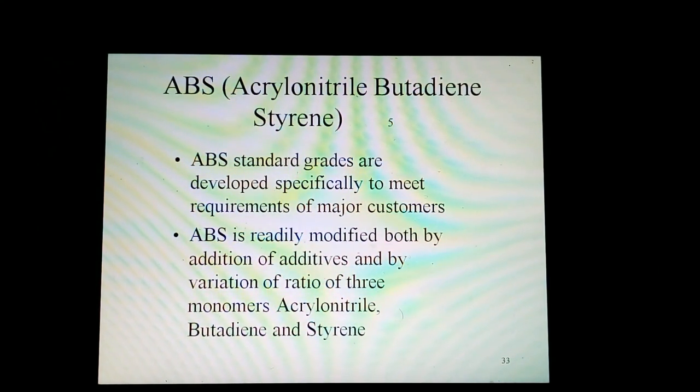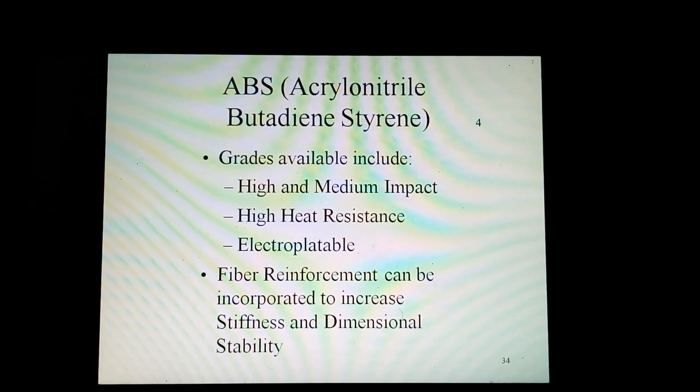ABS standard grades have been developed specifically to meet the requirements of major customers. ABS is readily modified both by the addition of additives and by variation of the ratio of the three monomers: acrylonitrile, butadiene, and styrene. Hence grades available include high and medium impact, high heat resistance, and electroplateable.